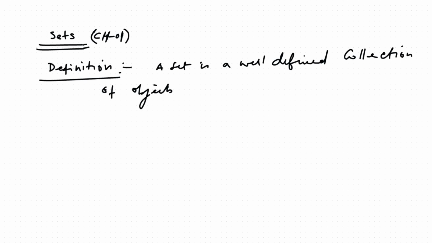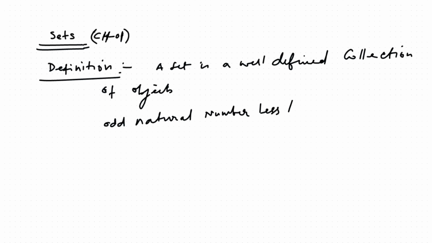For example, let us say, odd natural numbers less than 10. Is it well-defined? We would say that yes, it is very well defined.